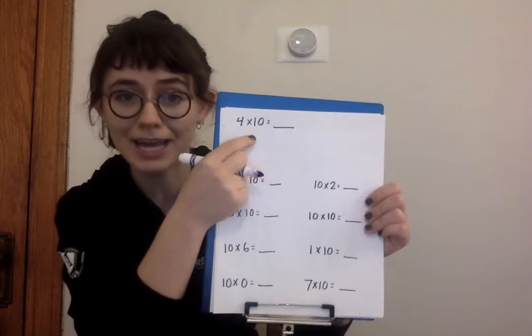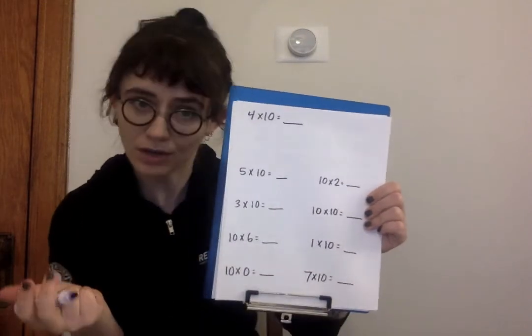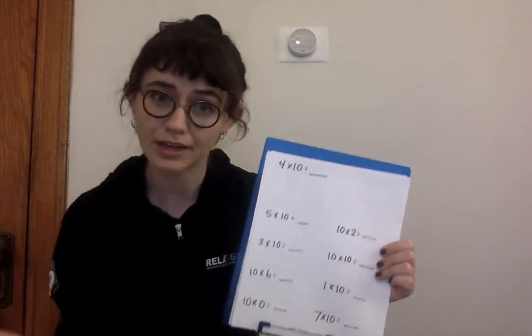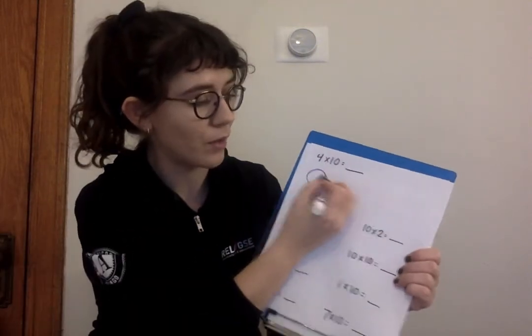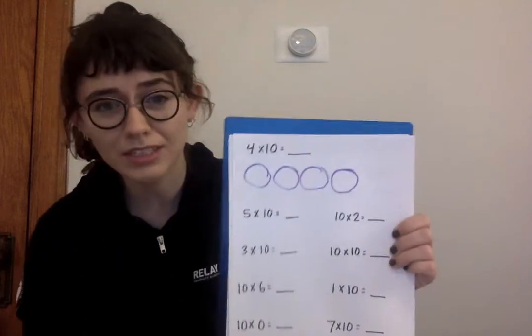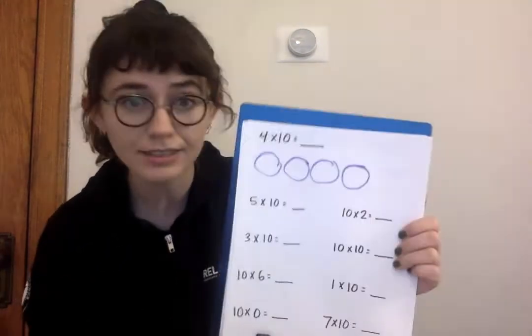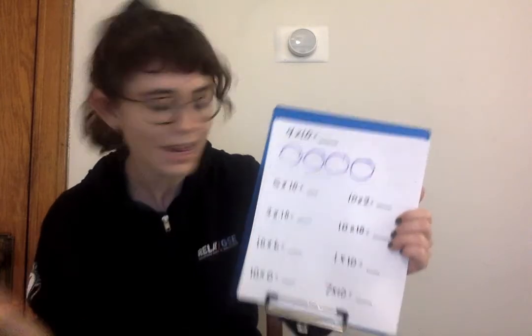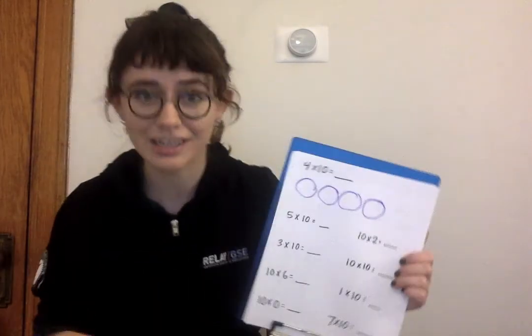This says 4 times 10. So if I wanted to draw equal groups for 4 times 10, I would draw 4 groups with 10 in each group. So here we go. I'm going to draw 4 groups. And it would take a super long time to draw out 10 little dots in each one. So instead I'm going to use quick 10s. If you remember quick 10s from first grade, quick 10s just stand for 10 ones.